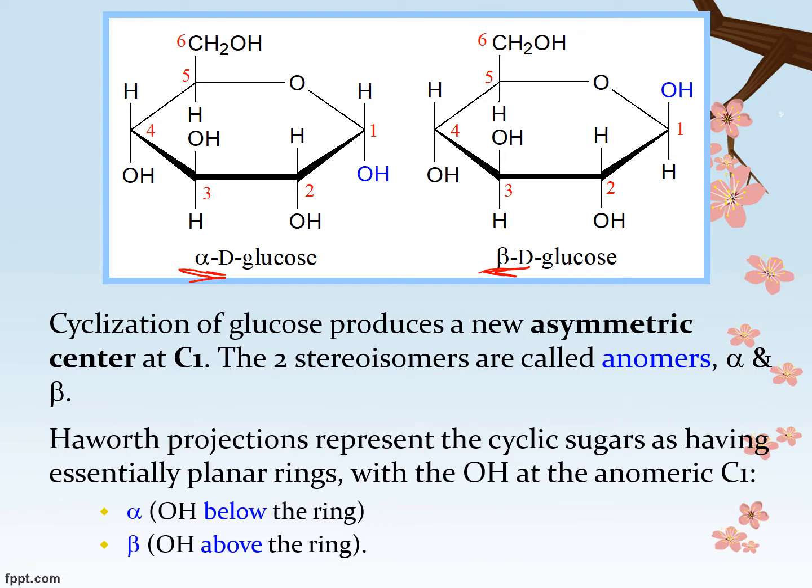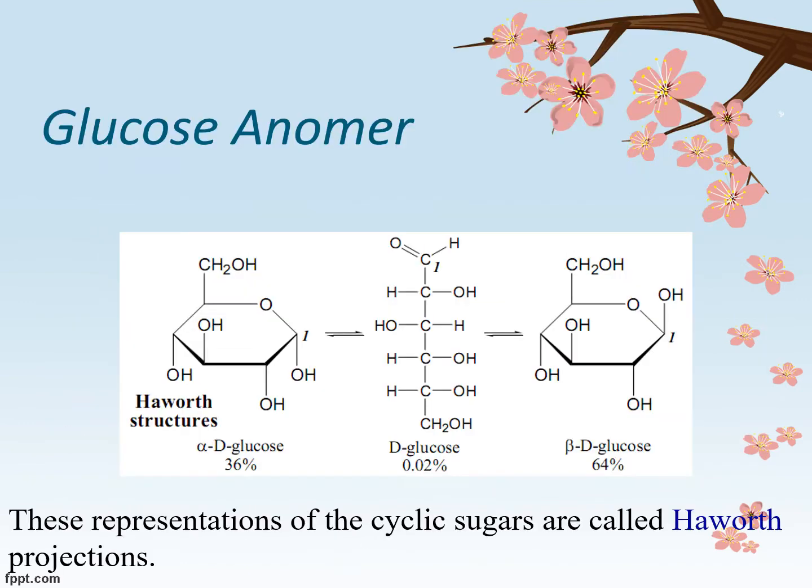Alpha below the ring, beta above the ring, this OH here. This representation of the cyclic sugar is called the Haworth projection. I'm sure you know about this already.